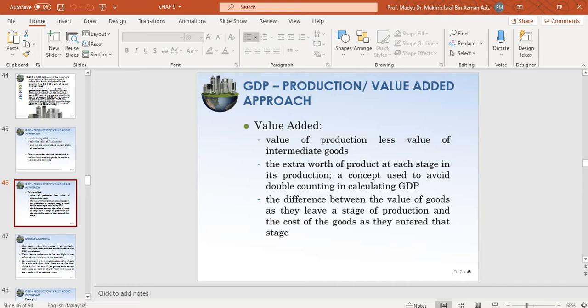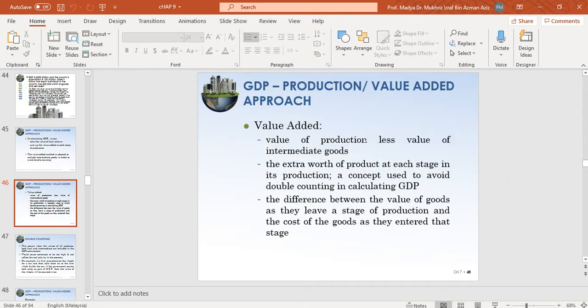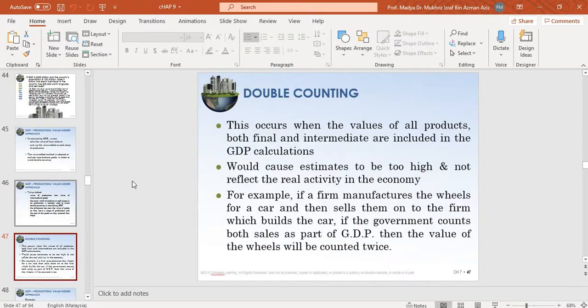The thing you need to take into account is not to add the value of intermediate goods. Value of production less, meaning minus, the value of intermediate goods. This is the issue of double counting that usually occurs whenever you apply the production approach in calculating GDP.